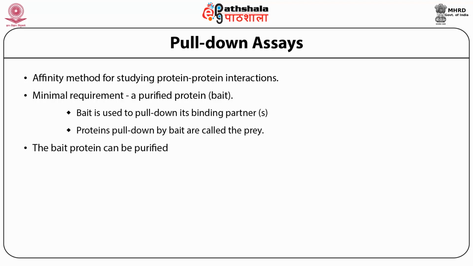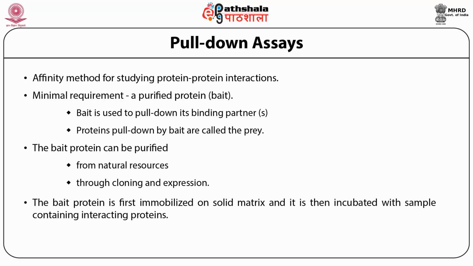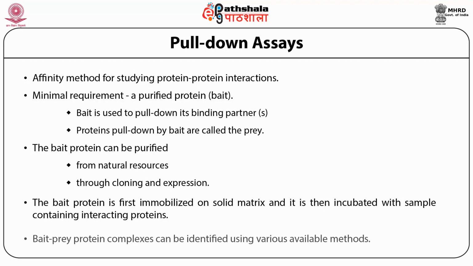The initial protein can either be purified from natural sources or it can be generated through cloning and expression. The bait protein is first immobilized on solid matrix and it is then mixed with the crude sample containing interacting proteins. The bait-prey protein complexes are finally recognized using various available methods.